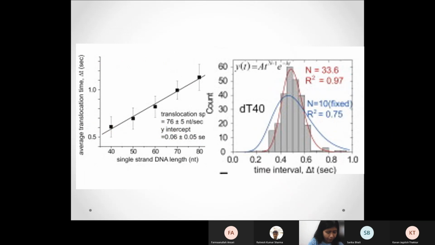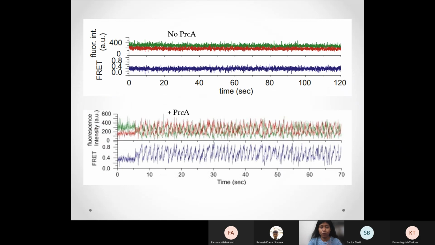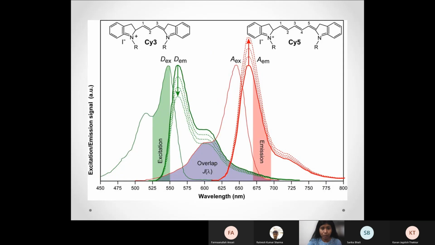So with this, they did a few of these calculations, and what it shows in the end is that this experiment they started with was with 40 nucleotides of dT. But then they also changed the nucleotide numbers.